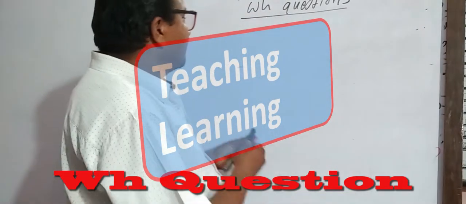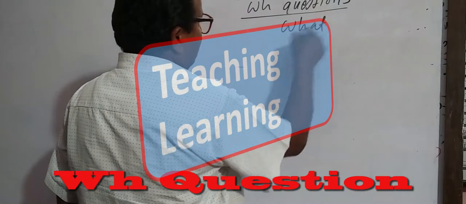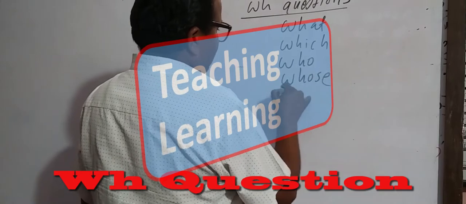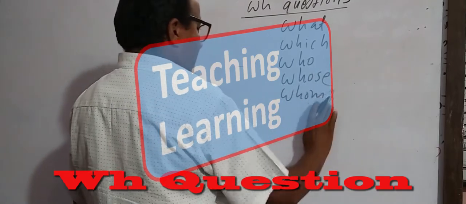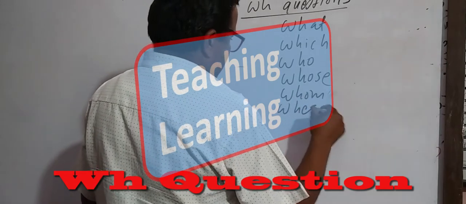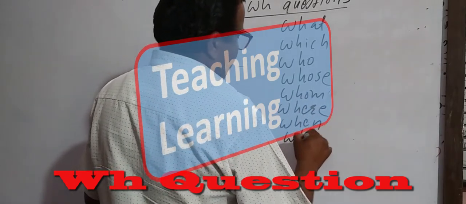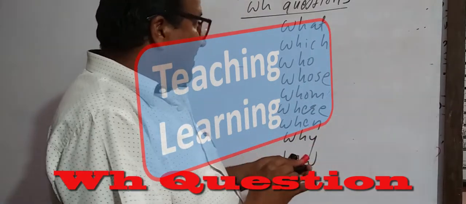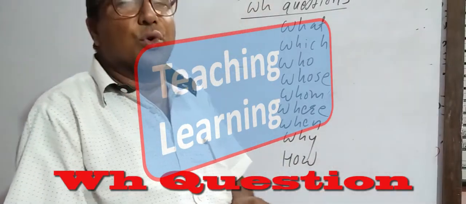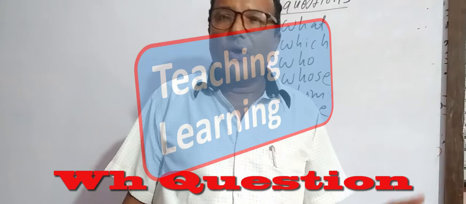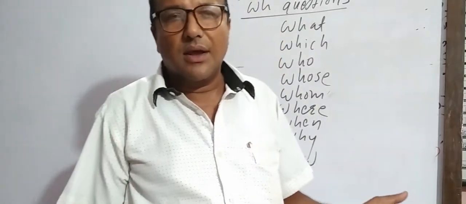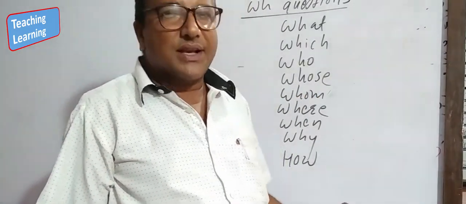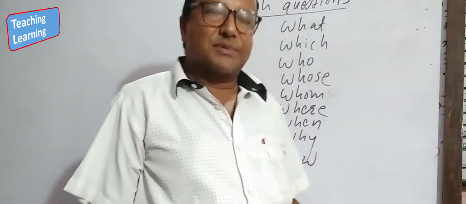They are what, which, who, whose, whom, where, when, why, how. Those words are used to make WH questions at the first of the sentence.